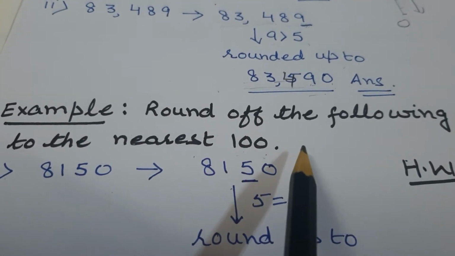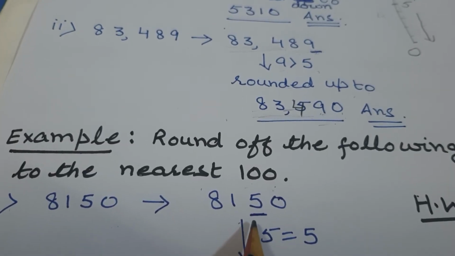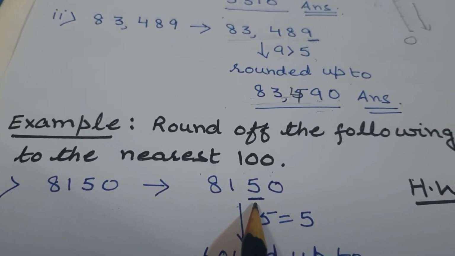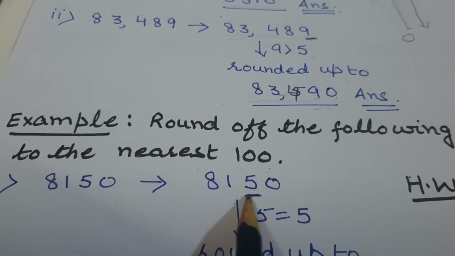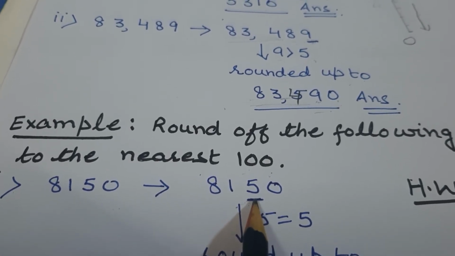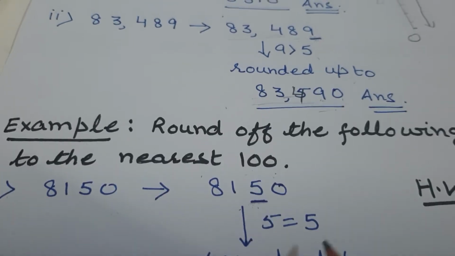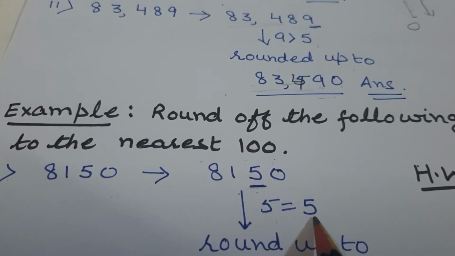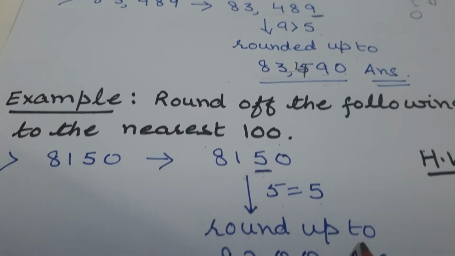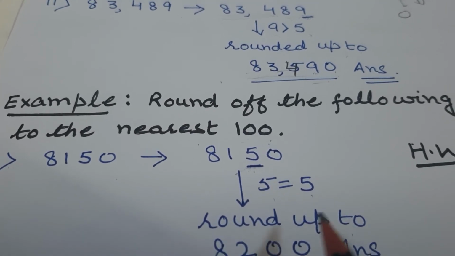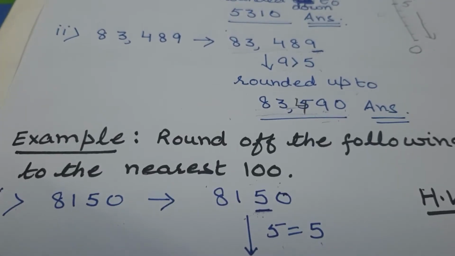Before 100 which place is there? Tens. Okay. Now our focus should be on tens place digit. So it is 5. So 5 is equal to 5. So this number will be rounded up.